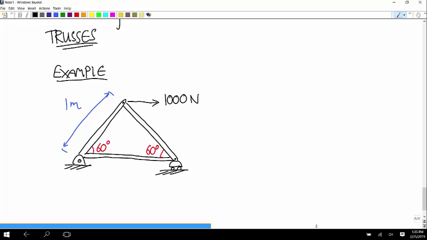And let's say each one of these members has cross-sectional area of, let's say, 1 times 10 to the minus 4 meters squared.